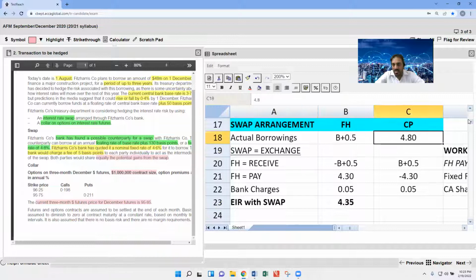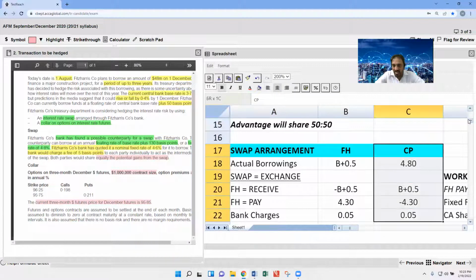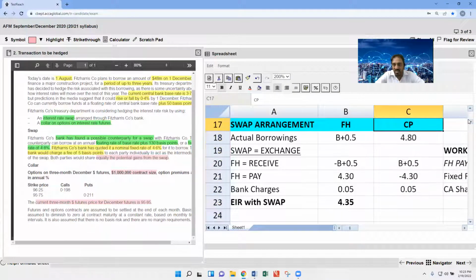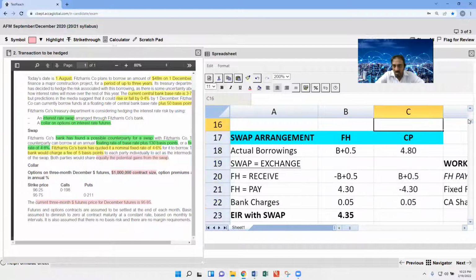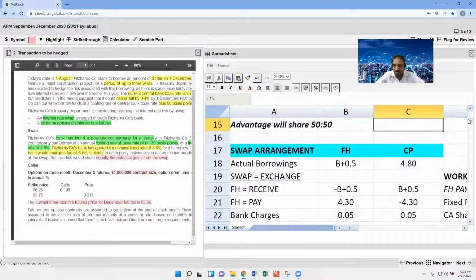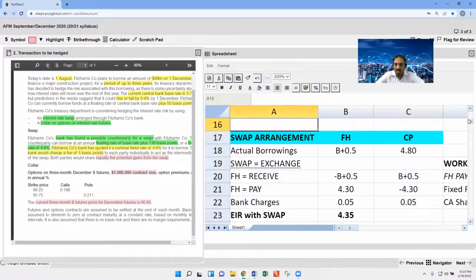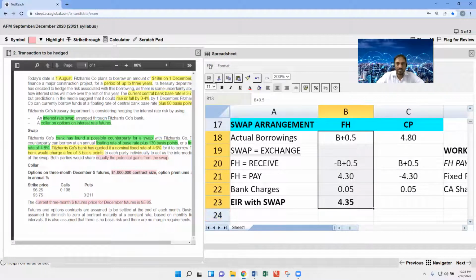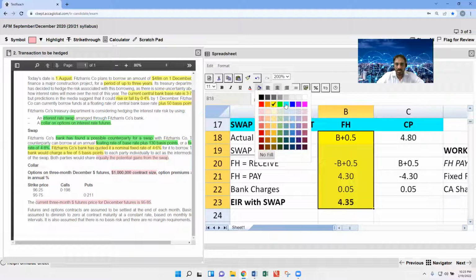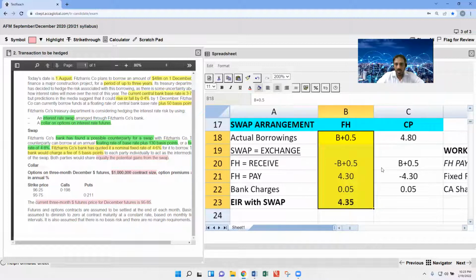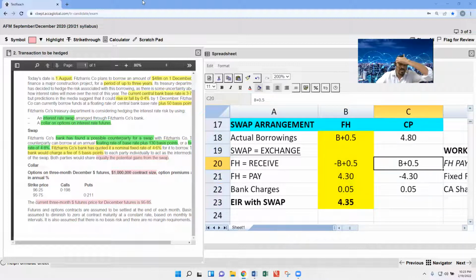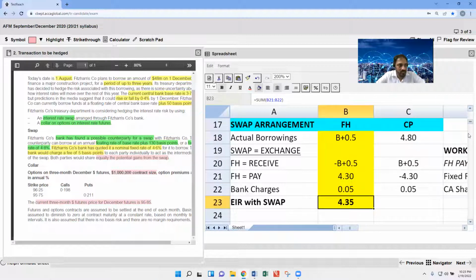Actually, we have no concern about the counterparty. The only matter we have to consider is this. So effective interest rate is 4.35%.